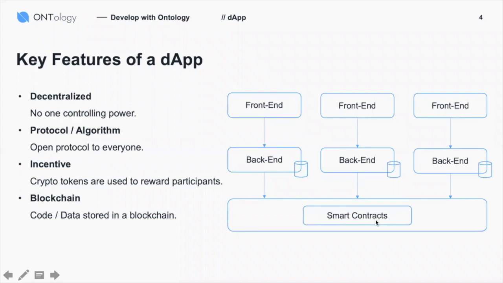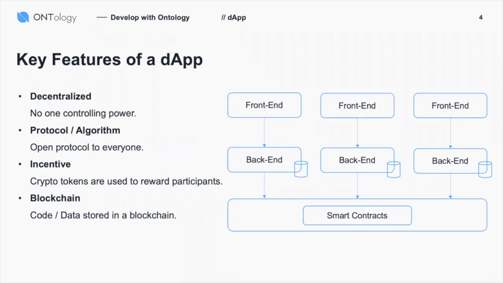So everyone who can access your blockchain, whether it's a layer one blockchain or a layer two blockchain, can participate in your DApp, that is, join your ecosystem. This is also the most important difference from current centralized applications. The core part is a protocol or algorithm. It's not just one application.